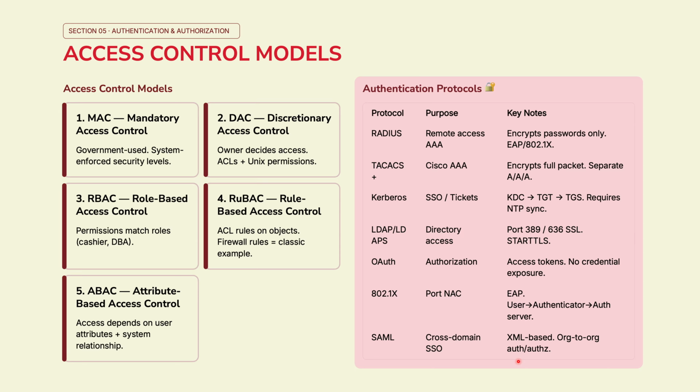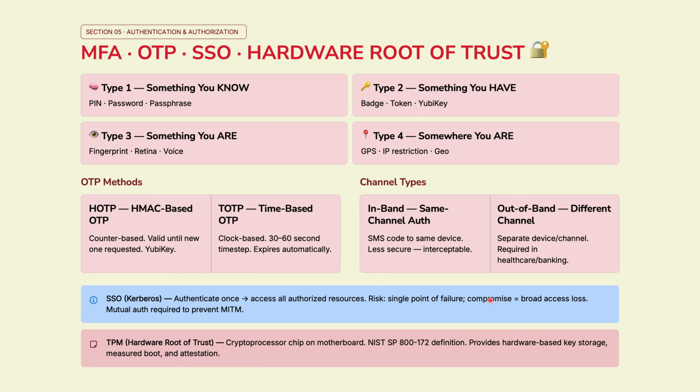Now let's examine the specific authentication factors like OTP mechanisms, SSO risk, and hardware roots of trust. Now let's review multi-factor authentication, types 1, 2, 3, and 4. Let's start with type 1, something you know, like passwords and passphrases.